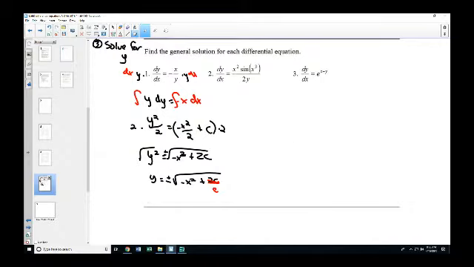Let's try that one. We have to rewrite it first so we can separate it. In pre-calc, we just did exponent properties. What happens when the exponents are subtracted?